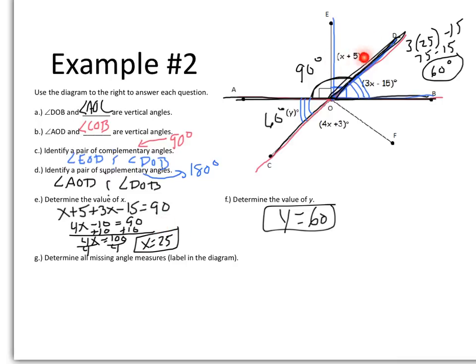So let's plug in 25 into x and add 5, which I think we all should know that that would give us 30 degrees. We've also need to find this missing angle and this missing angle. This angle is represented by an expression with the variable of x. We did the work already. Let's plug in 25 into x and solve. As you can see, we get 4 times 25 plus 3 gives me 100 plus 3 gives me 103 degrees.